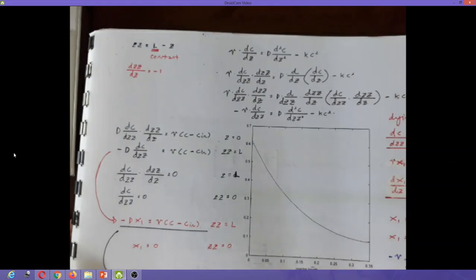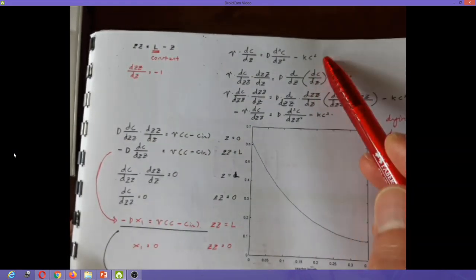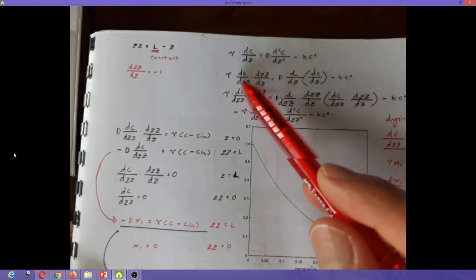Your original equation was this. Then you need to translate this dz into zz, so you do this chain rule in here. If you do everything correctly, like what I did in here, then you will recover these equations in here.